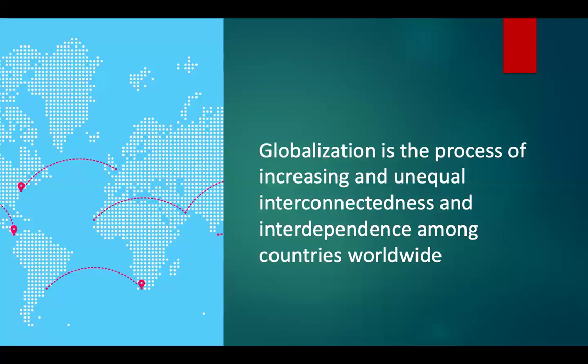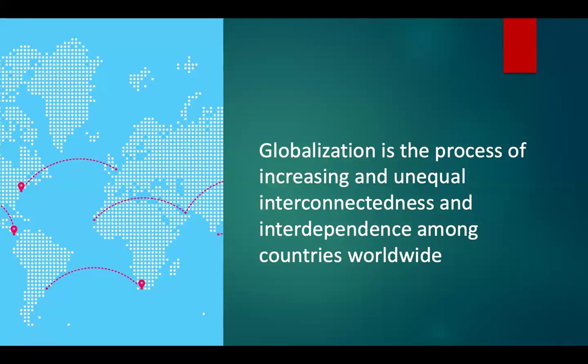It involves the movement of goods, services, capital, people, information, and ideas across borders, facilitated by advancements in technology, communication, and transportation. Globalization can take different forms. For example, it has economic, political, cultural, and social dimensions. I'll be talking about this in the next slide in a deeper sense.